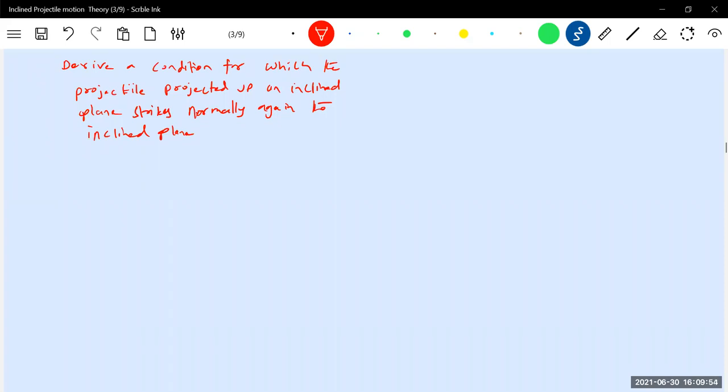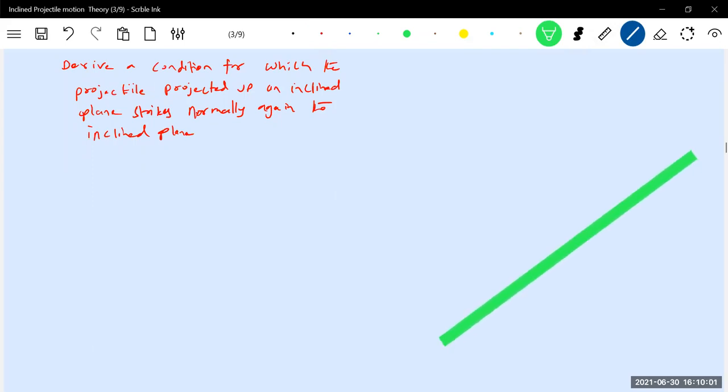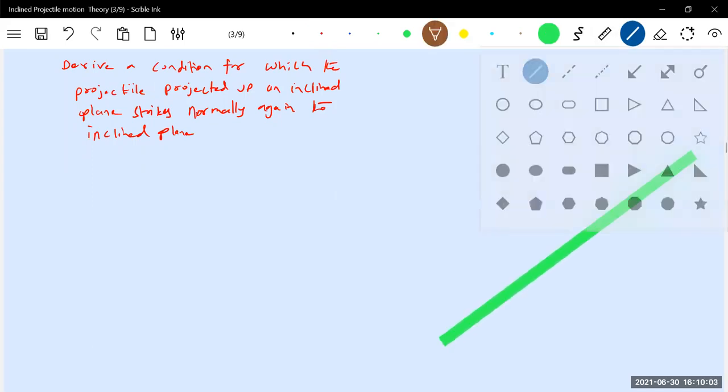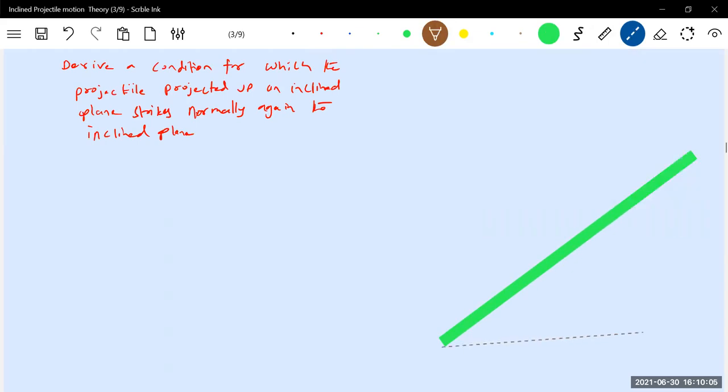So what do you mean by this? Okay, let's get the diagram. I'm projecting a body from here. It will describe a trajectory in such a way that it will strike the inclined plane here normally.